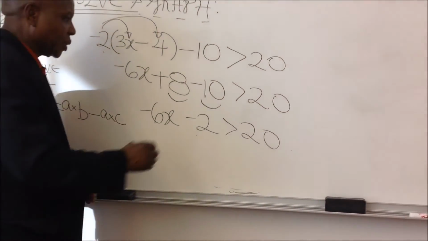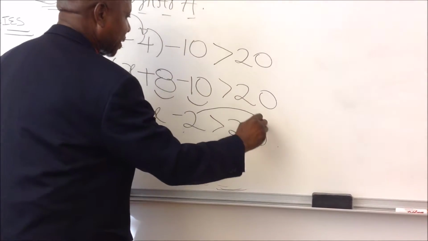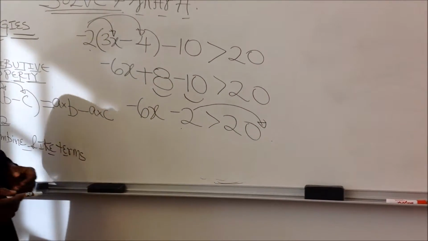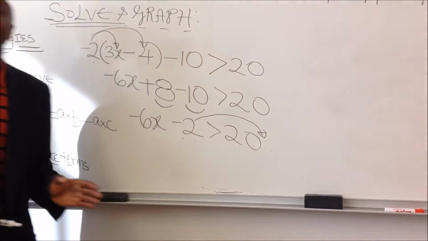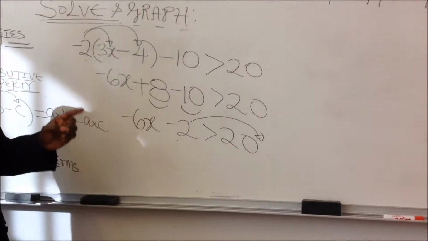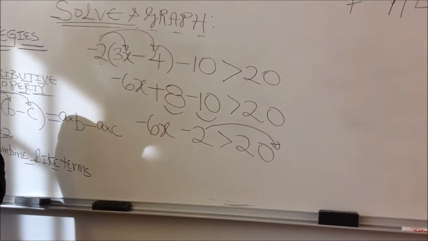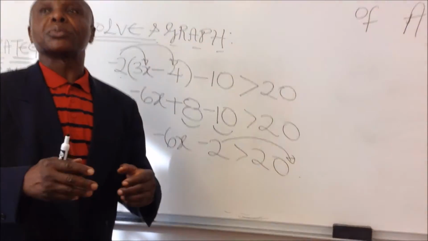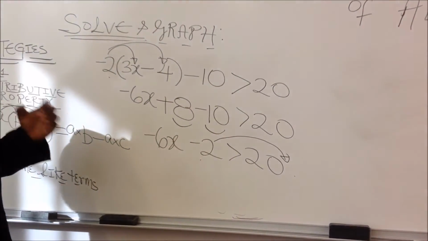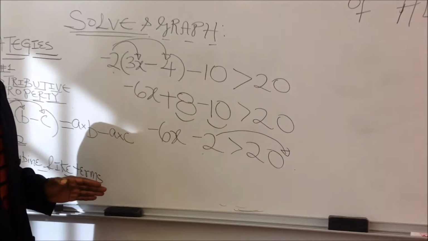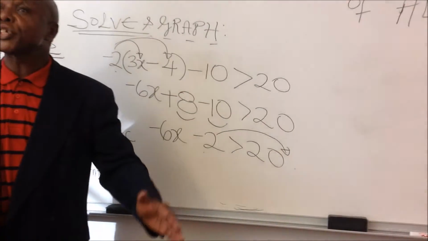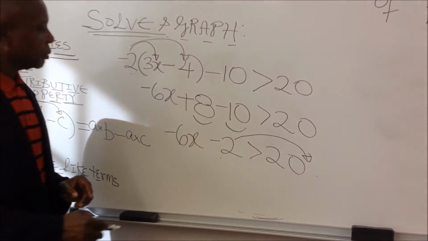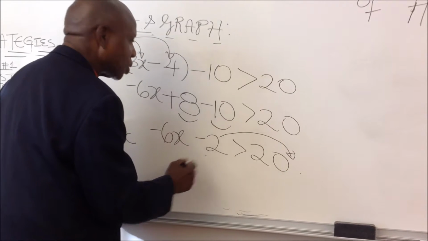Notice that when you move any quantity across the equal sign or inequality sign, you are going to change the sign of that quantity. Therefore, our negative 2 becomes a positive 2 at this point.